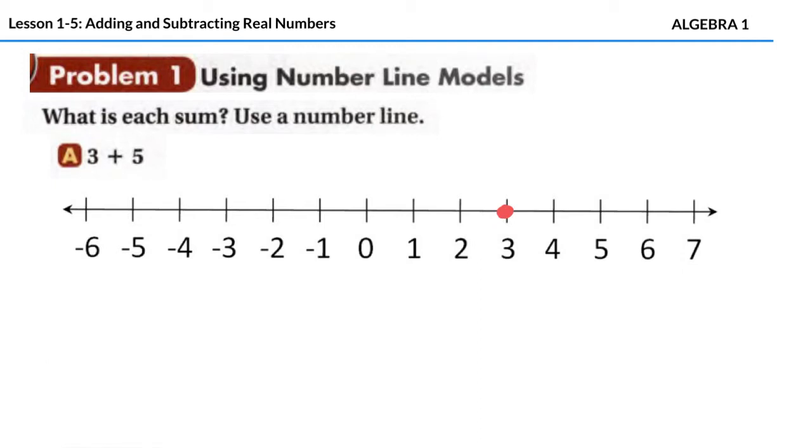Now observe, if the number added is positive, we are adding a positive number, so move towards right. If the number added is negative, then move to the left. So in this case, 5 is a positive number and that is added to 3.